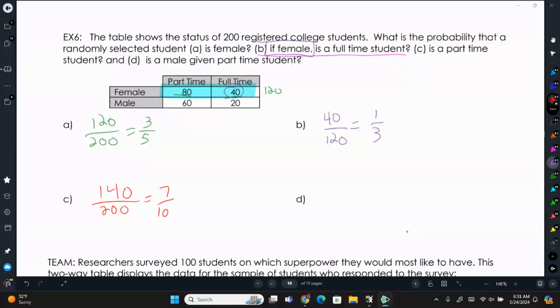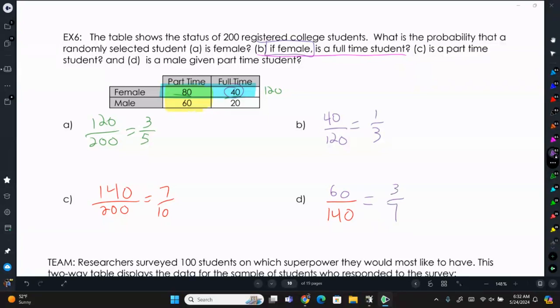So that means, again, we're assuming that they're part-time. So our denominator is going to be 140, and then the number of males in that is 60. So 60 over 140, and that reduces to 3/7.